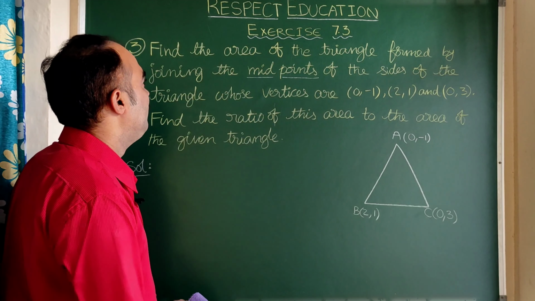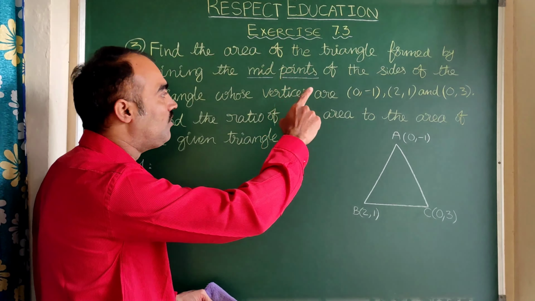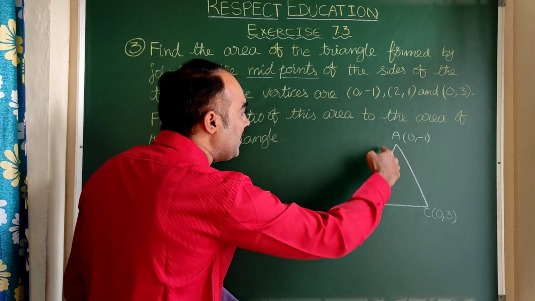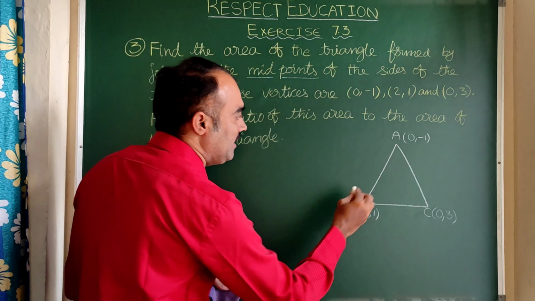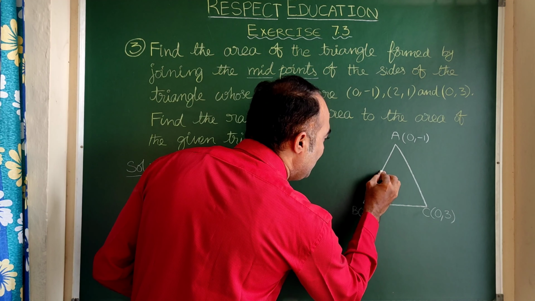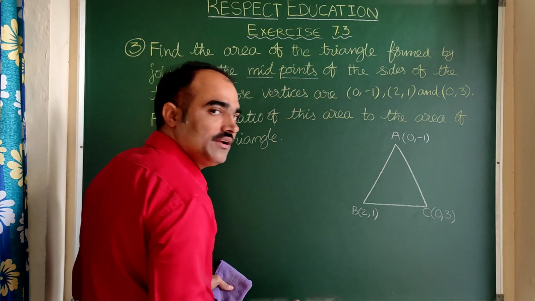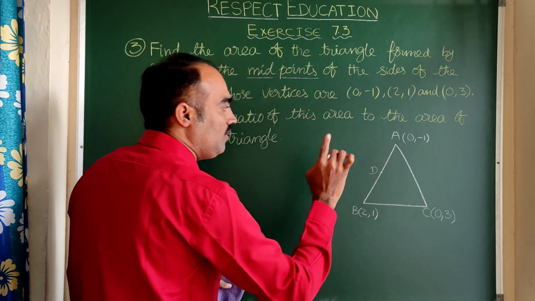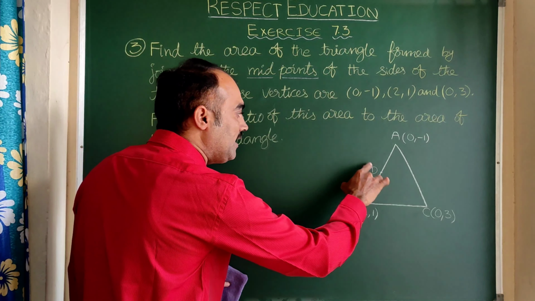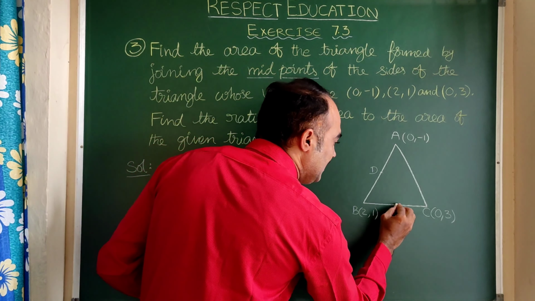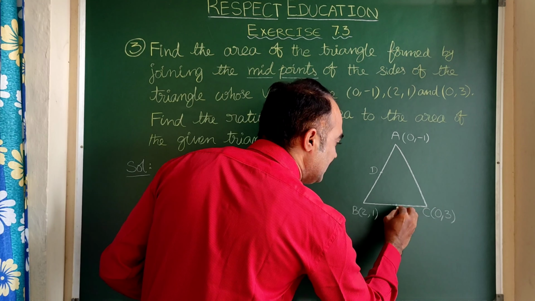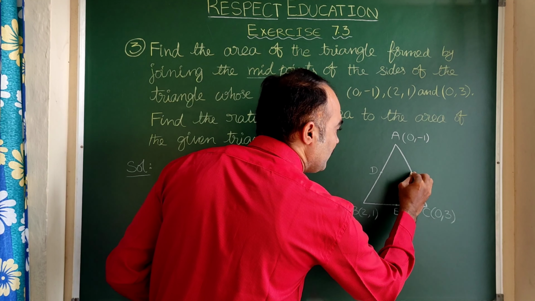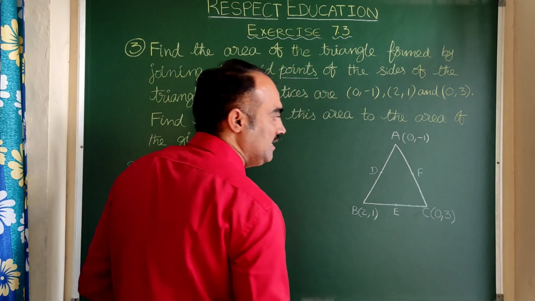Now we have to find the area of the triangle formed by the midpoints. So let us find the midpoint of AB. Let us label it as D. Now the first task is to find D. Next E, that is the midpoint of BC. Next F, that is the midpoint of AC.